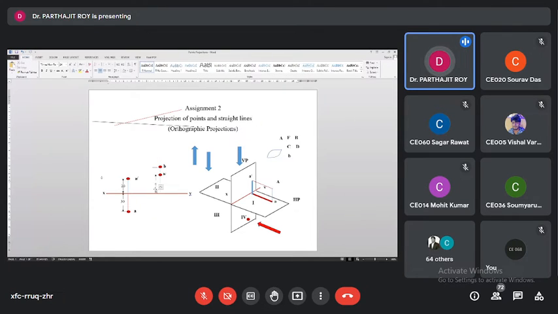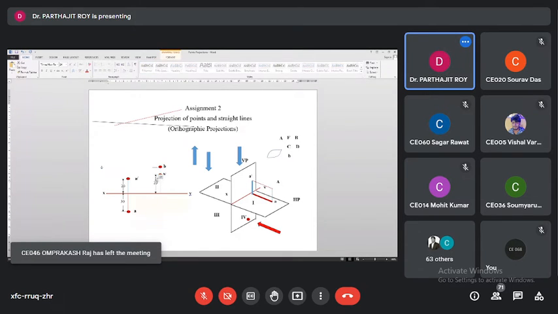We have assumed 25 millimeter above the horizontal plane, so this distance will be 25. Okay. The other distance for the top view will be 30 millimeters. So this is 30. Don't get confused.